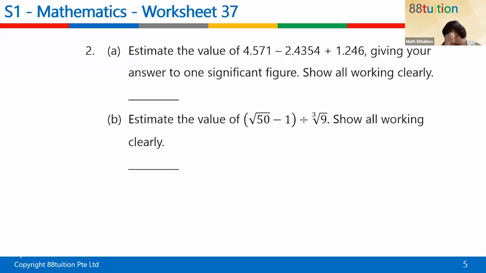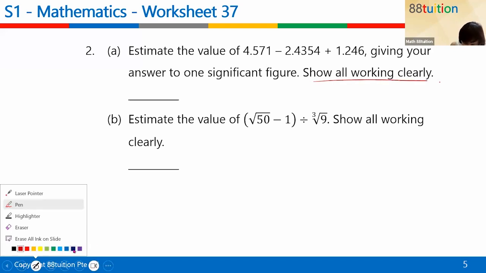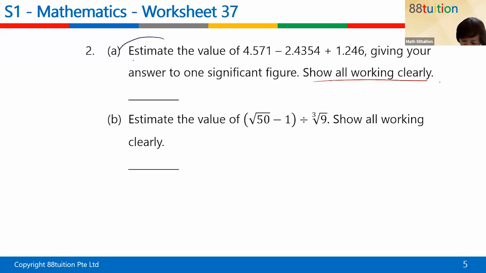All right. Question number 2, you are supposed to estimate the value of this, giving your answer to one significant figure and show your workings clearly. Meaning to say, you are first to estimate the value. Showing workings means what? You are not allowed to use calculator. Okay, I understand that.